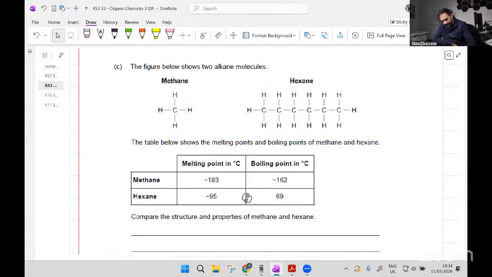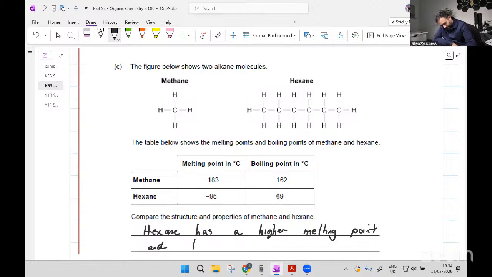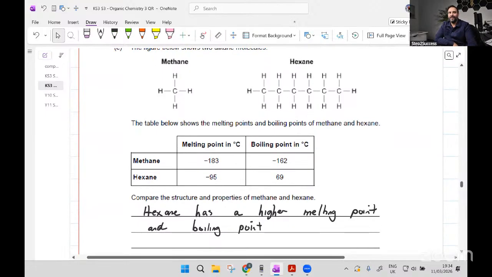So you can say that hexane has a higher melting point and boiling point. That's probably 2 marks because you mentioned two separate points there about their properties.